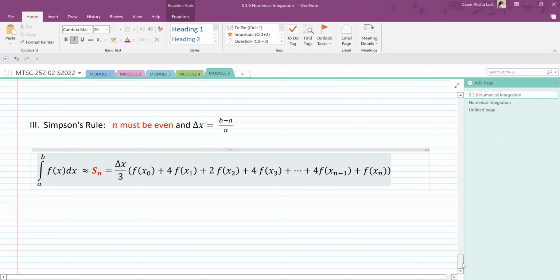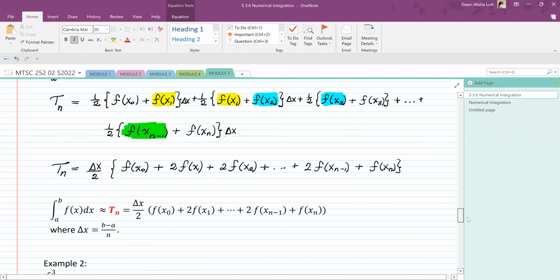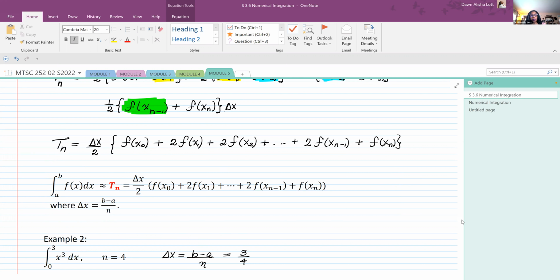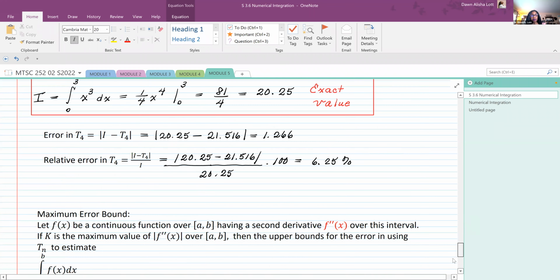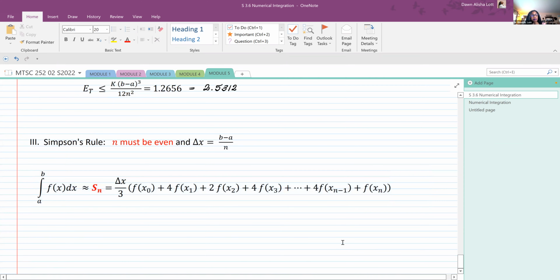Can you repeat that again? Sorry. Here's the trapezoidal rule. Okay, and here is Simpson's rule. Anything different you notice?